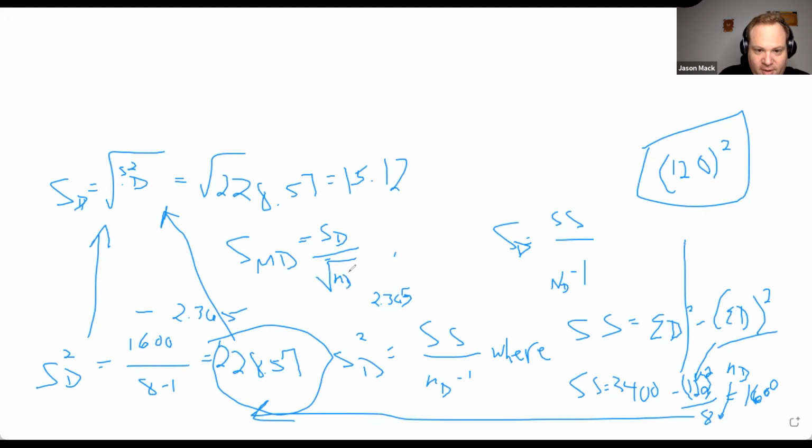That should be ND. Therefore, that means 15.12 divided by the square root of 8, which will equal 5.35. So let's go back to our Word document here.